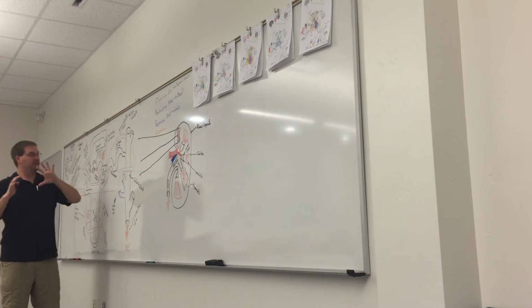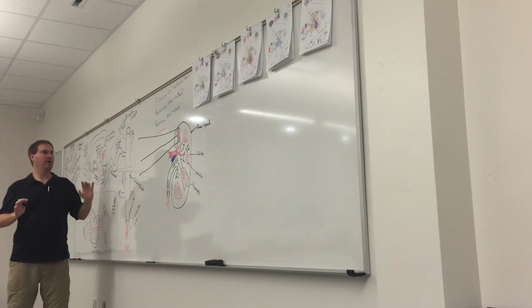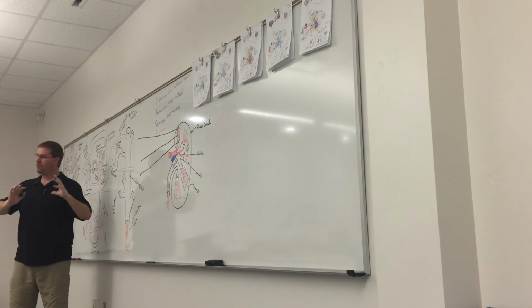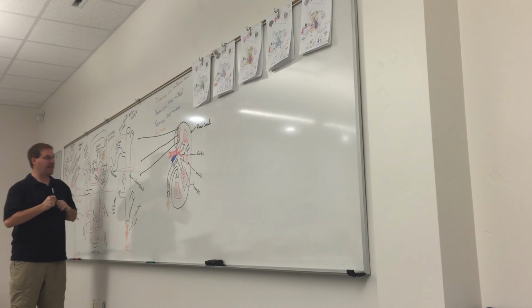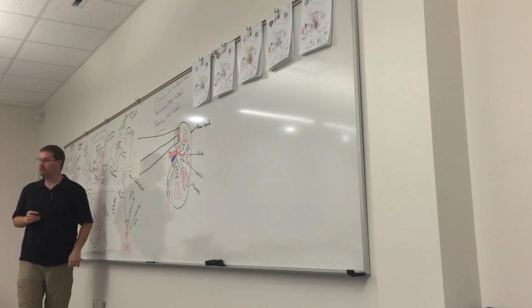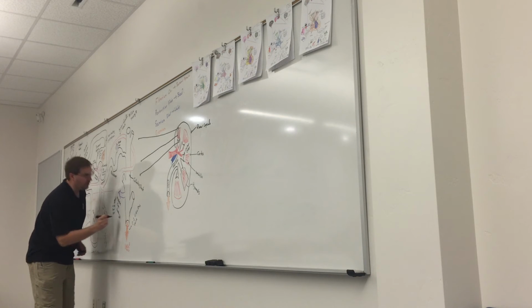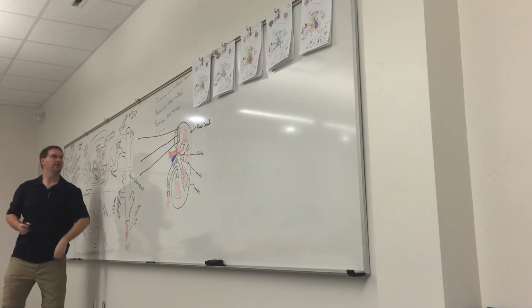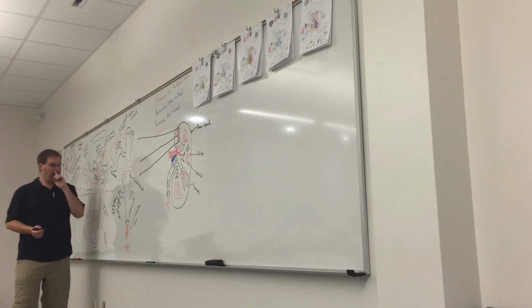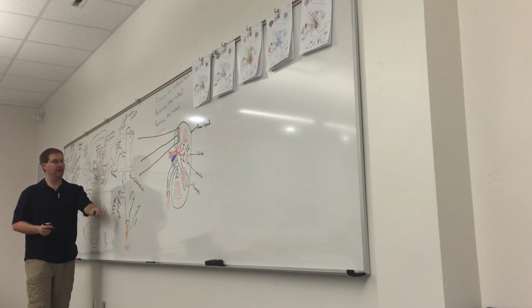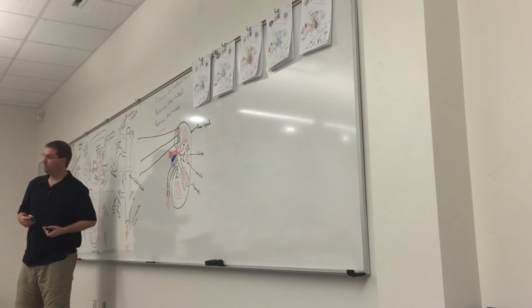Now, there is one more place where we get yet more reabsorption, and think of this as ultra fine tuning. So I had my fine tuning occur in the distal convoluted tubule, and I'm going to have ultra fine tuning occurring within the collecting duct itself.